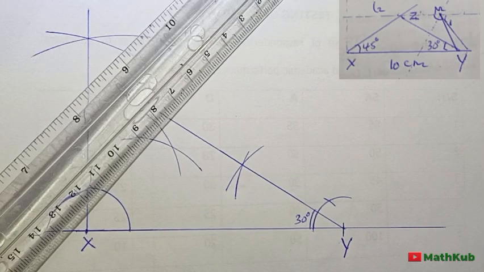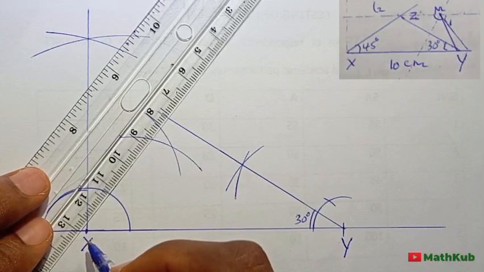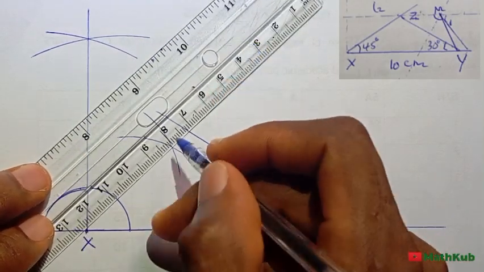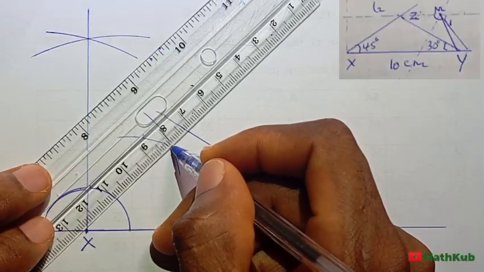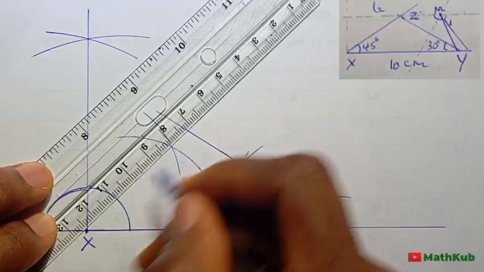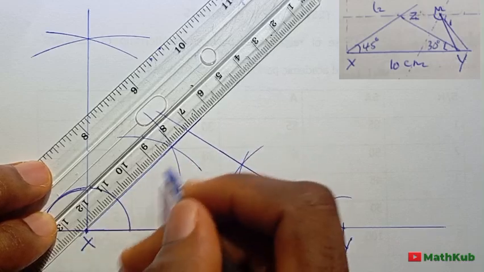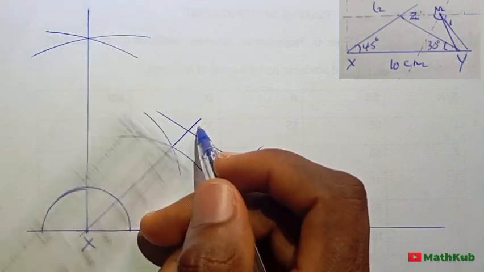And then you draw a straight line to pass through this arc, pass through the middle, and then produce to this other line.